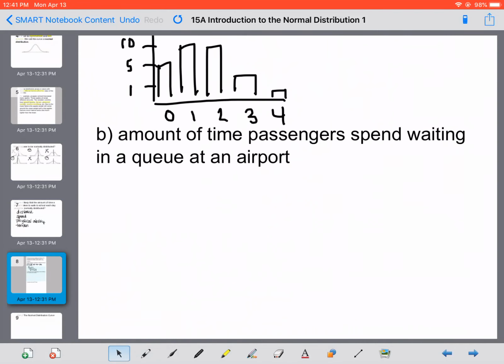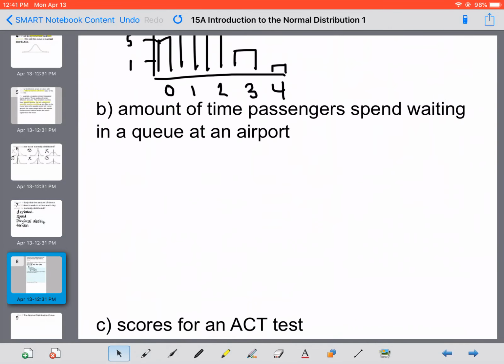Example 2, it says the amount of time passengers spend waiting in a queue at the airport. Well, if you've ever flown before, they are going to try their best to get you out of that line as quickly as possible. So in peak times, they're going to have more stations open so that they can get those people through fast.